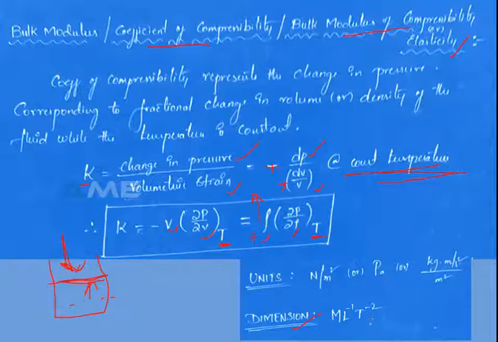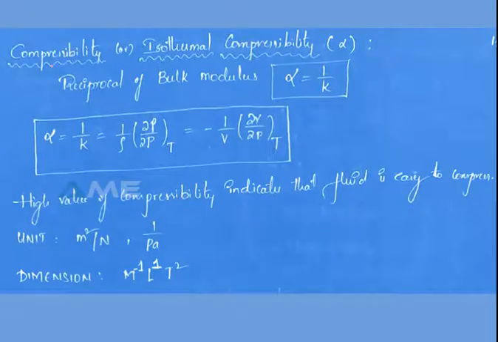This is about your bulk modulus, which is change in pressure by volumetric strain, with a negative sign, and you can replace the volumes with densities, rho. The next property is compressibility or isothermal compressibility.